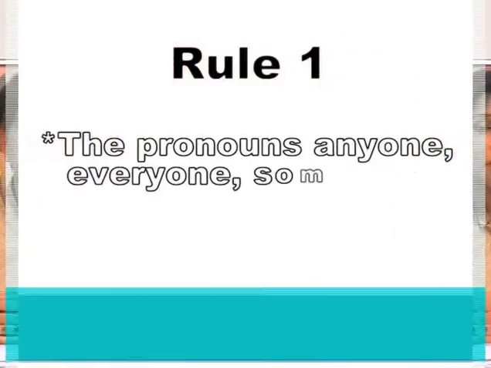The pronouns anyone, everyone, someone, no one, and nobody are always singular. I'll repeat these pronouns. Anyone, everyone, someone, no one, and nobody are always singular, and therefore they require singular verbs.